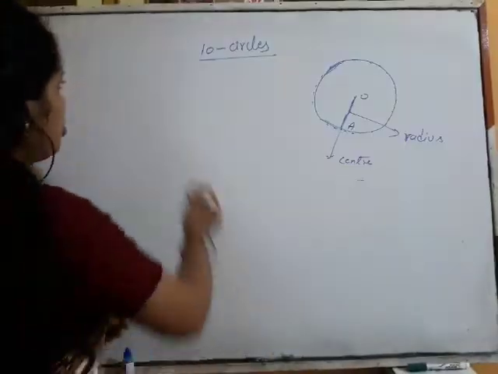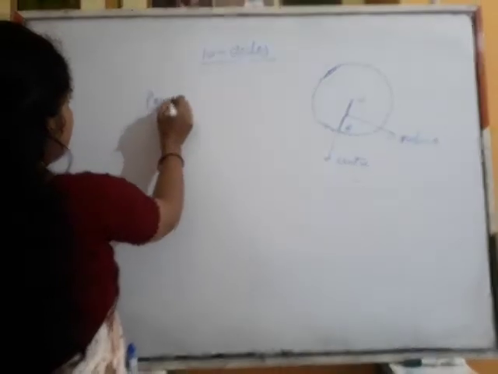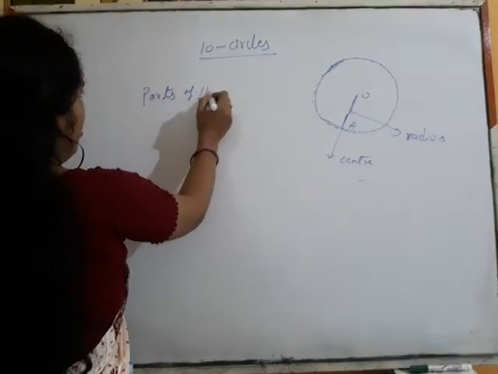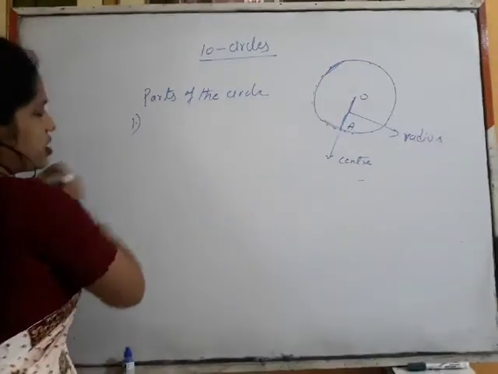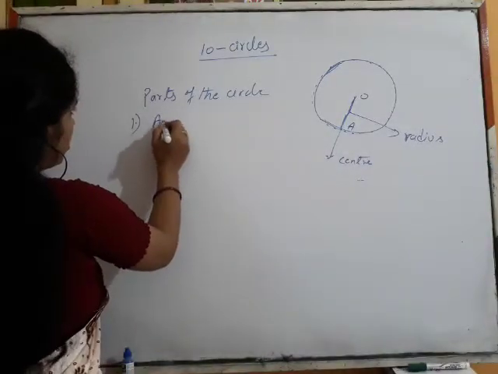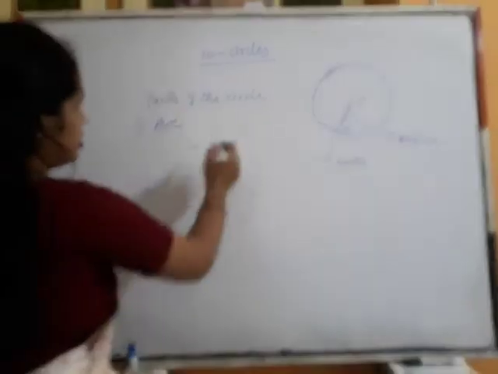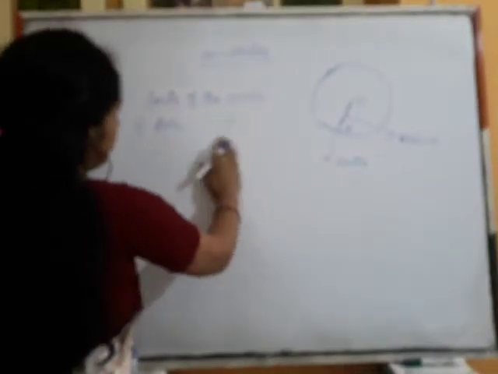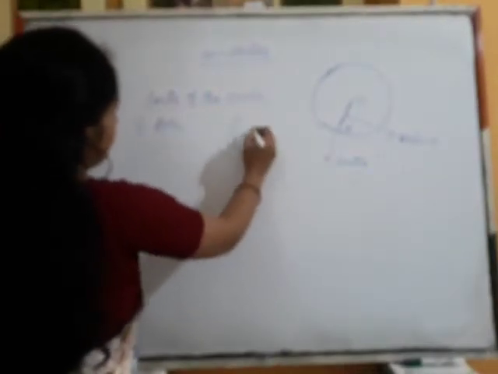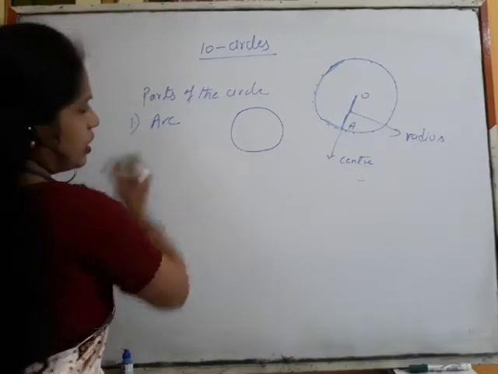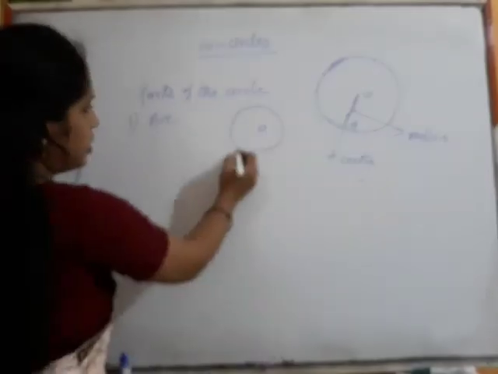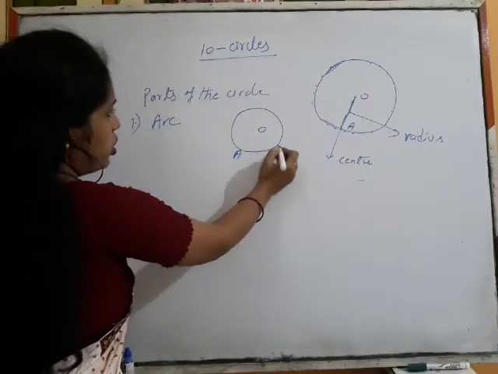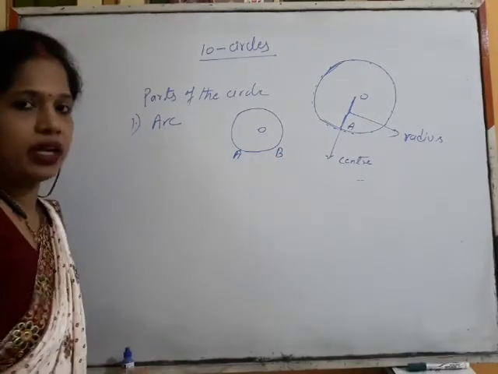Now the parts of the circle are also known to you. Let us discuss them. Parts of the circle. First, arc. What is an arc? This is a circle with center O. Suppose 2 points are taken on the circle.